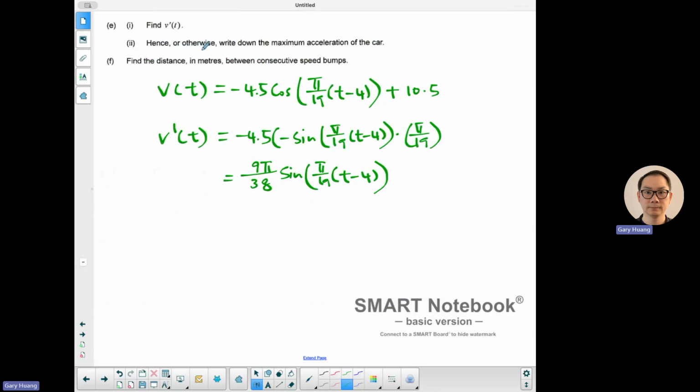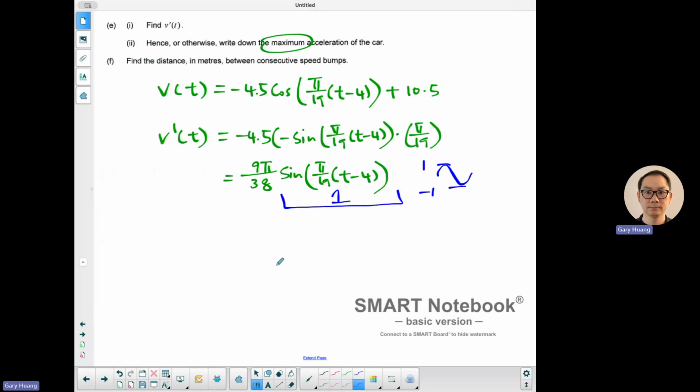It says hence or otherwise write down the maximum acceleration of the car, right? Maximum acceleration of the car is the highest number you can have here. The highest number for sine would equal 1, right? Sine goes from -1 to +1. So the highest number you can get for this part is 1.